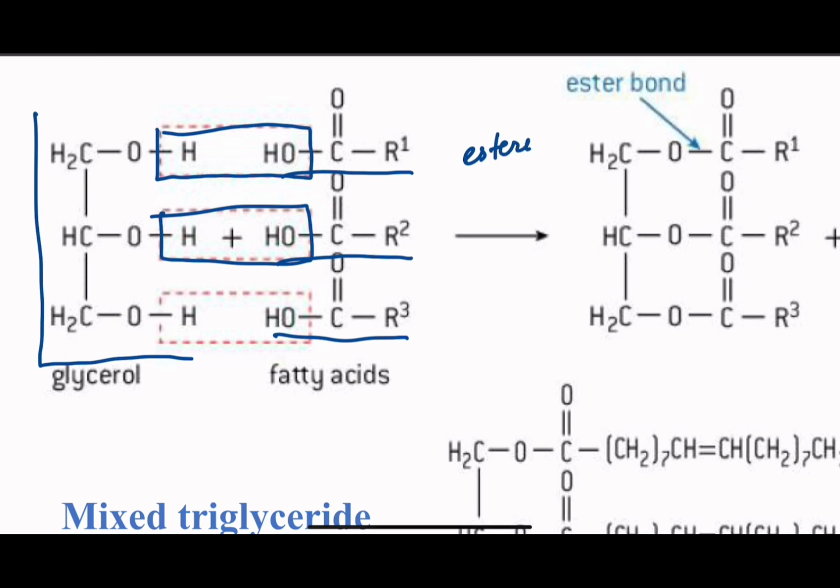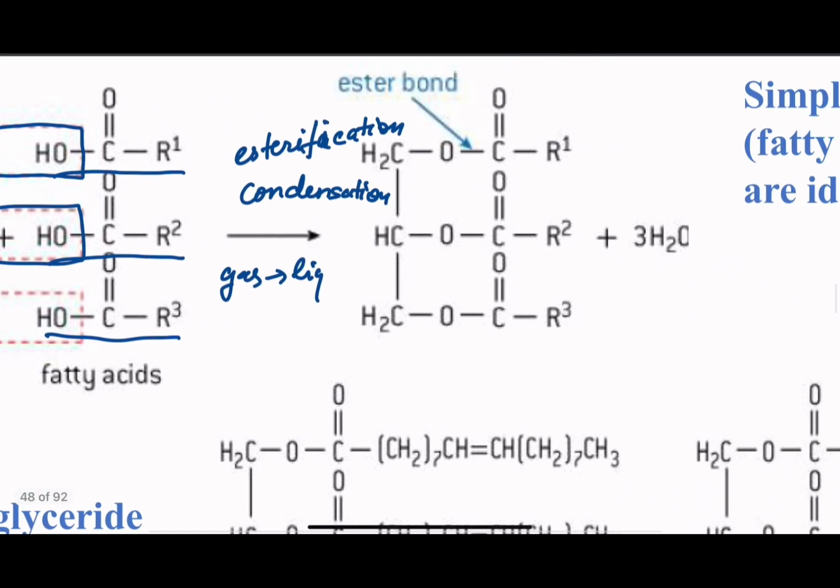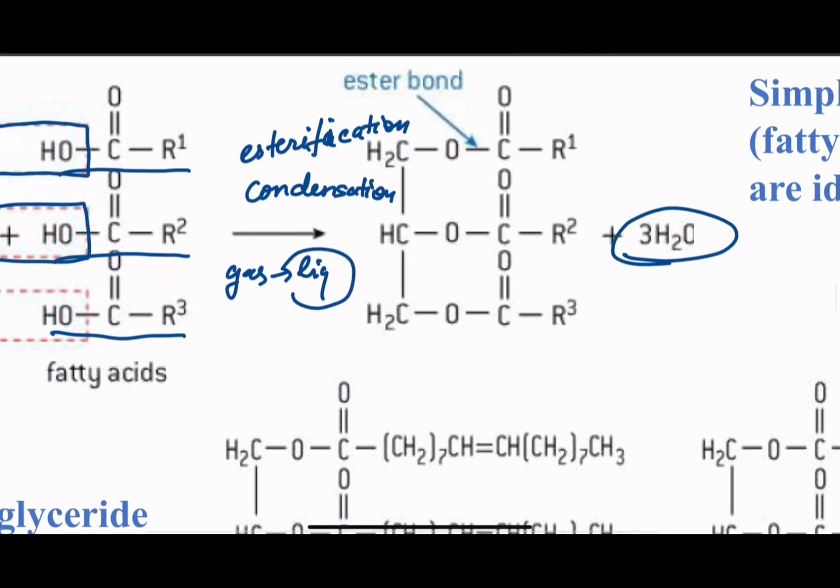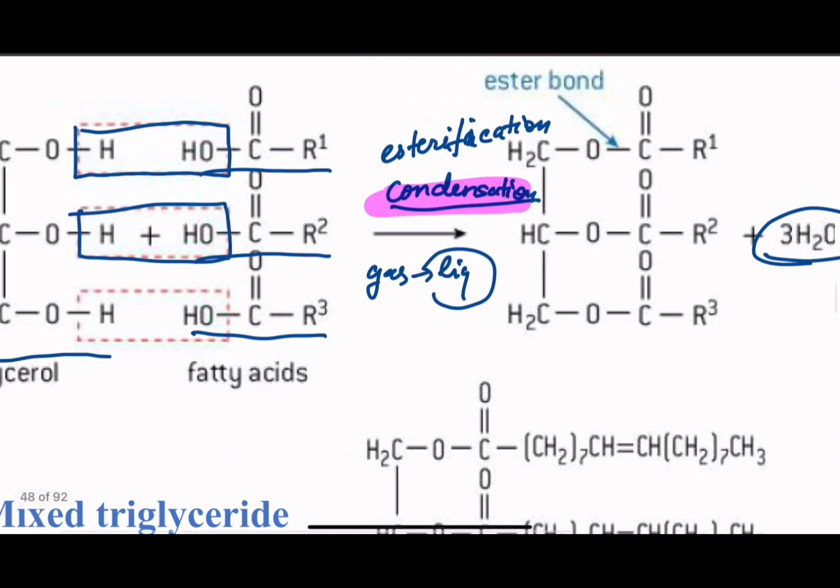Esterification is also condensation. Condensation, if you remember, was going from gas to liquid. That is the process. And over here, because we create water in the end, we make the liquid, so we call this process condensation. Okay?